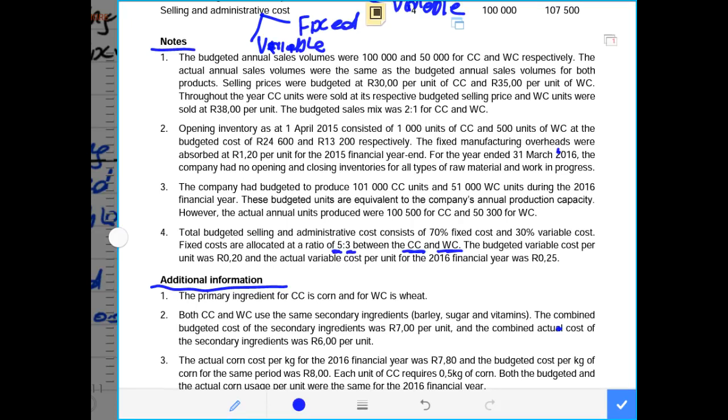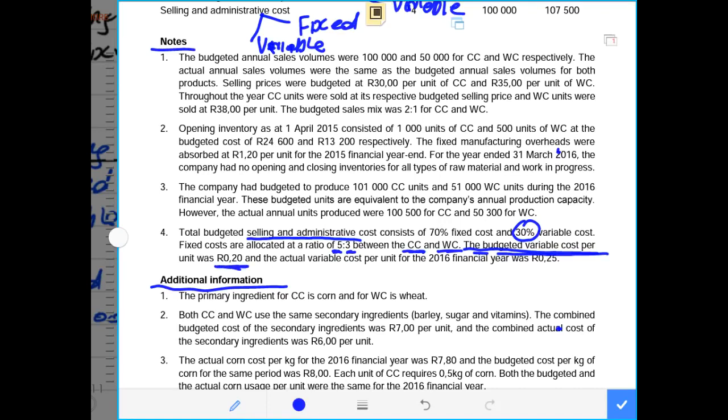And they say to us that the budgeted variable cost, and now they speak of the variable cost. Remember, the variable cost is the variable element of that selling and administration, which we said is 30%, being 30,000. And they say that variable component is 20 cents per unit.